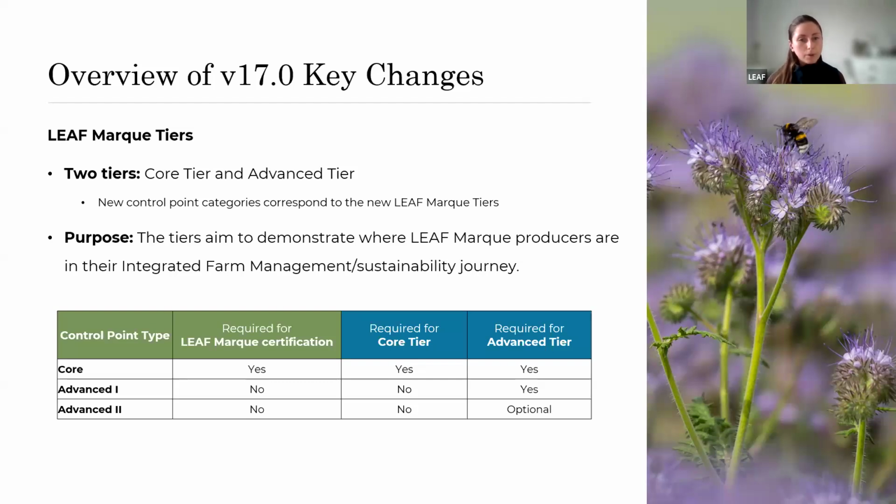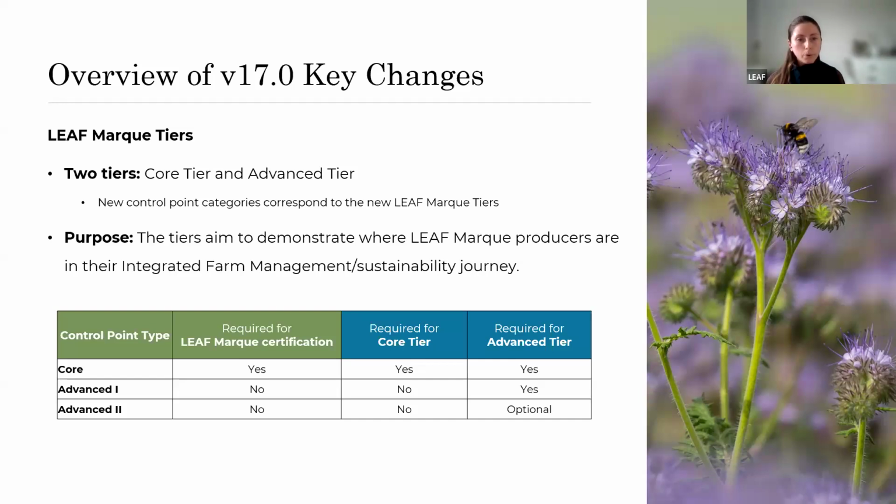If we look at this table here, this summarizes how the control point categories correspond to the different tiers and also certification requirements. So the core control points in the standard are required for certification. They are also required for the core tier of LeafMark. They are also required for the advanced tier of LeafMark.